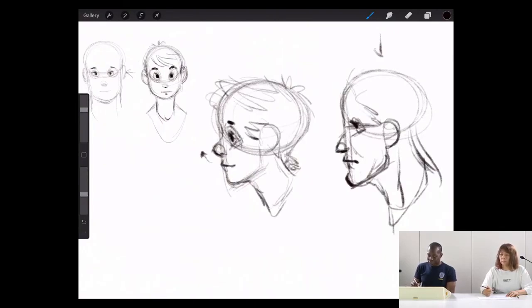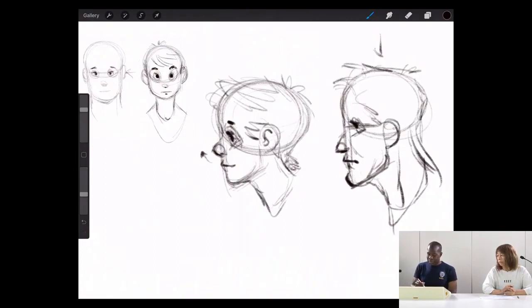But for a child, the jaw is going to be much smaller, the nose is going to be smaller, and the eyes are definitely going to be much bigger.